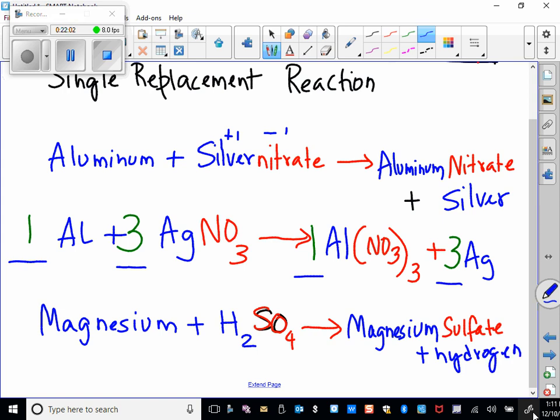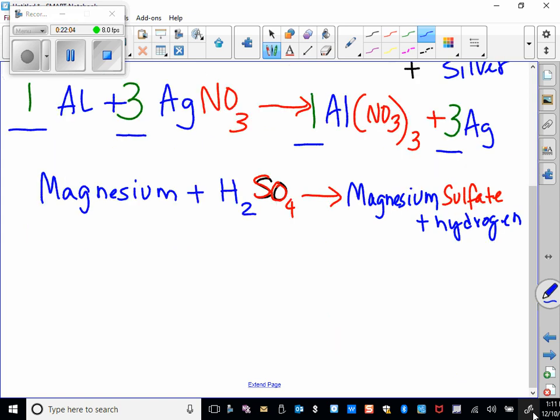And how do you write this reaction? Mg plus H2SO4. What is my formula for magnesium sulfate? Abdul, what is my formula for magnesium sulfate?